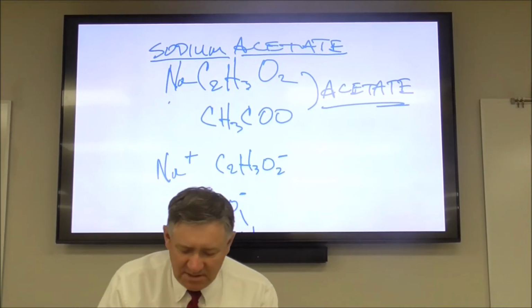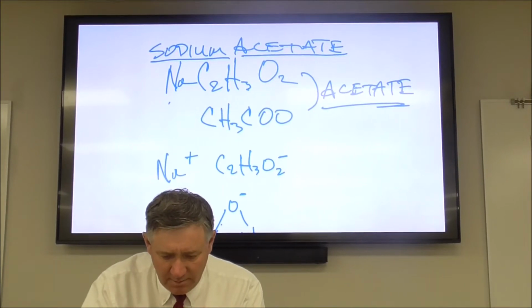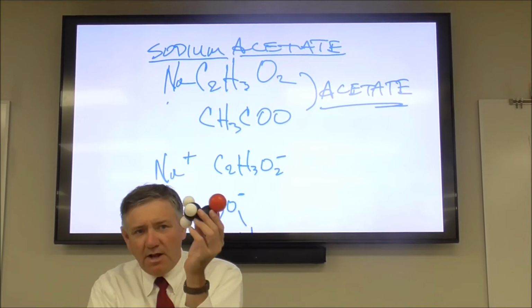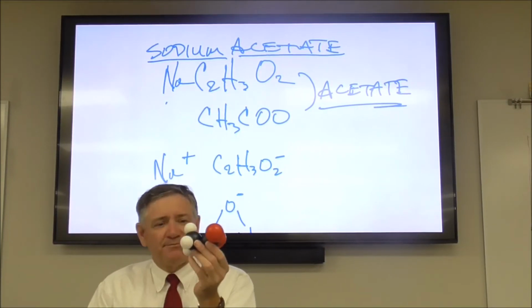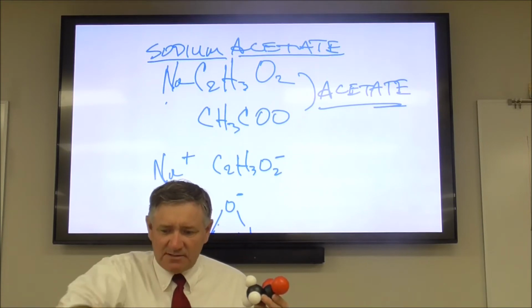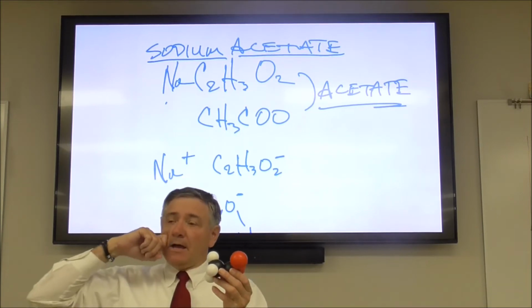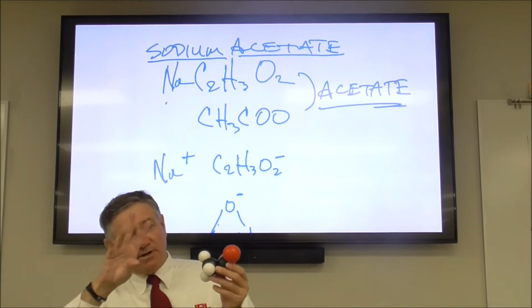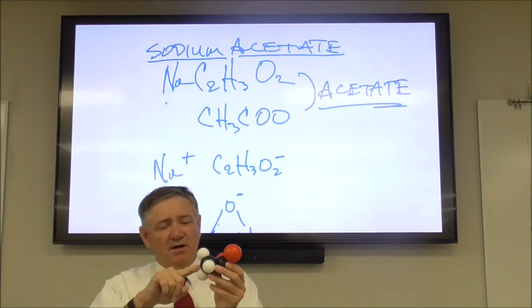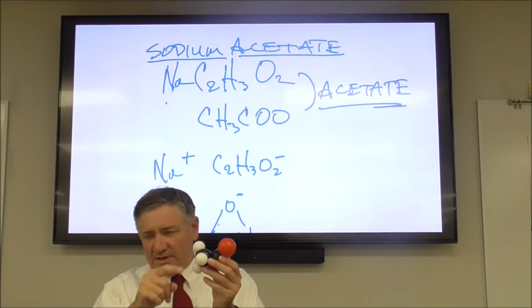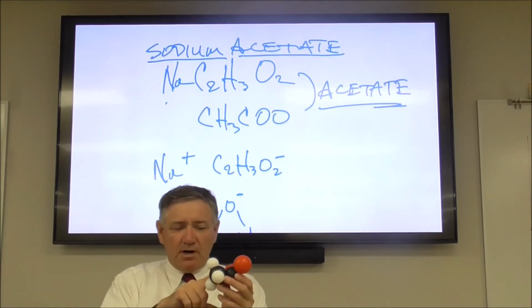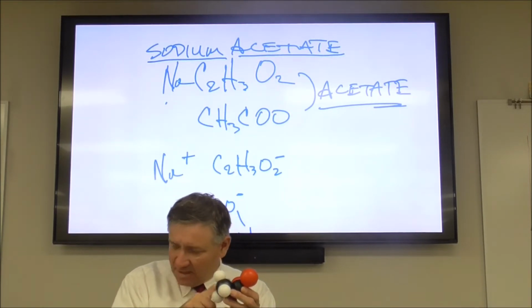The CH3COO is more correct because if you were to look at an acetate molecule, this is actually what it would look like. You've got one carbon surrounded by three hydrogens, so that's the CH3 part, okay? And we'll get more into this later, but carbon can form 4 bonds. So it's forming one bond with each of the hydrogens, there's 3 of them, and then it forms another bond with the carbon that's beside it.